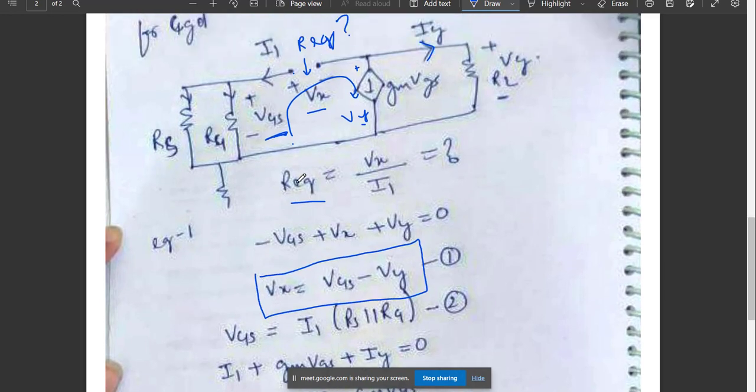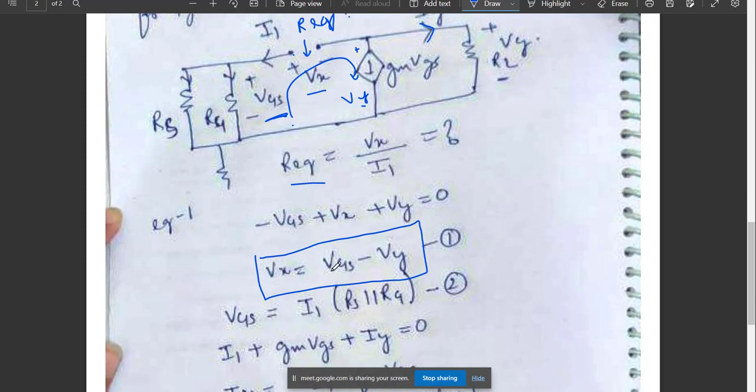Another equation will be, okay, so I1 current is flowing in these two branches. We can find out the R equivalent for this, which will be RS parallel to RG.